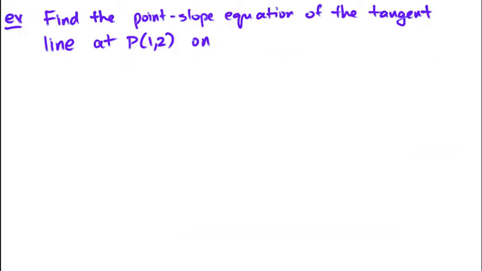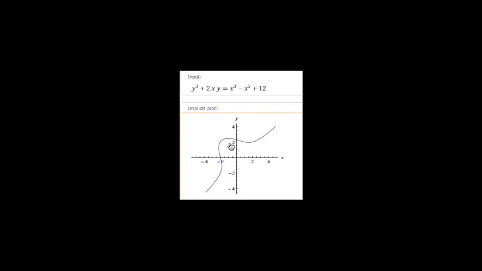So we're going to, for this example, find the point-slope equation of the tangent line at the point given, 1, 2, on the relation y cubed plus 2xy equals x cubed minus x squared minus 12. Notice that this is a relation. Let's go take a look at what this looks like with a graph, so I'll use some technology to do that. Okay, here's the graph.